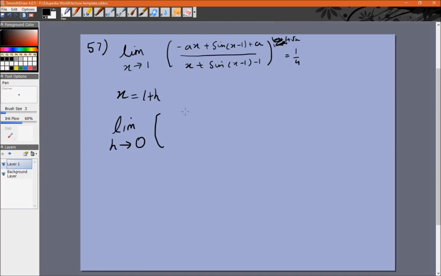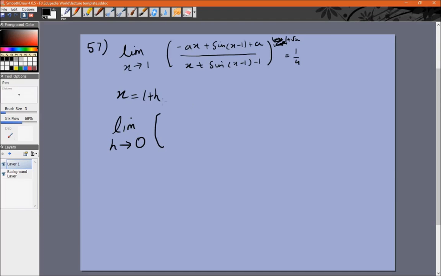Right. So now if x is 1 plus h, is there an a in this question? Hang on. No. Okay.